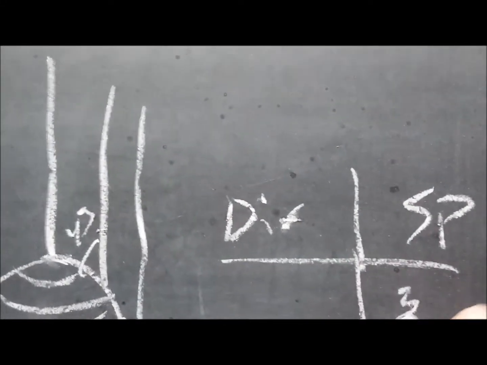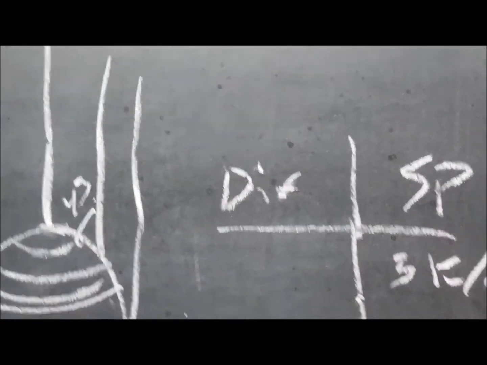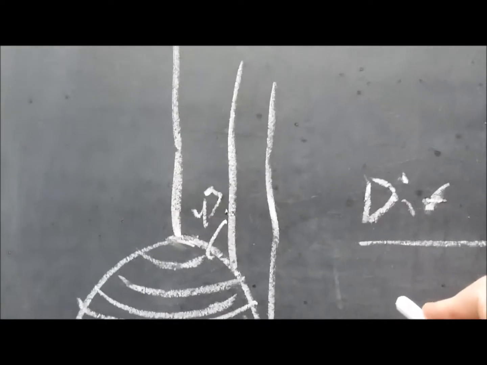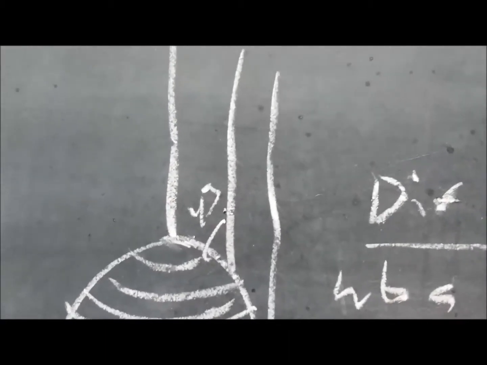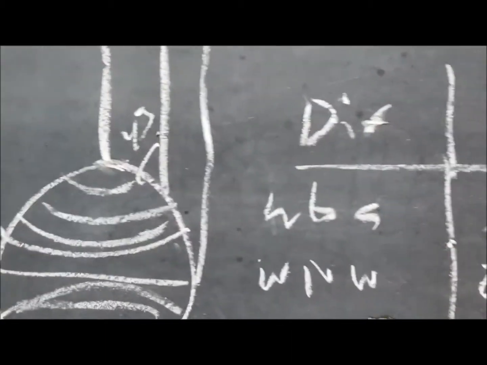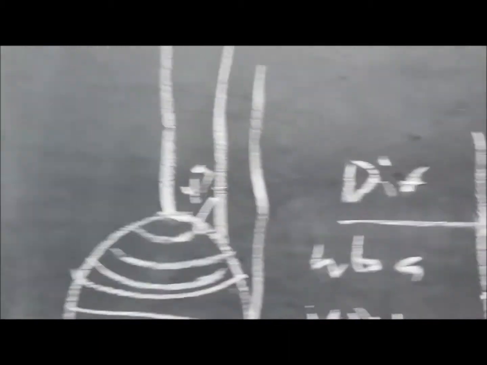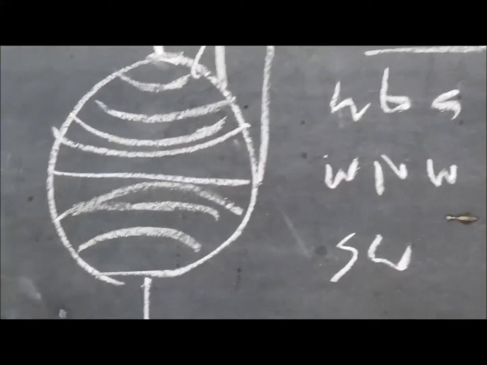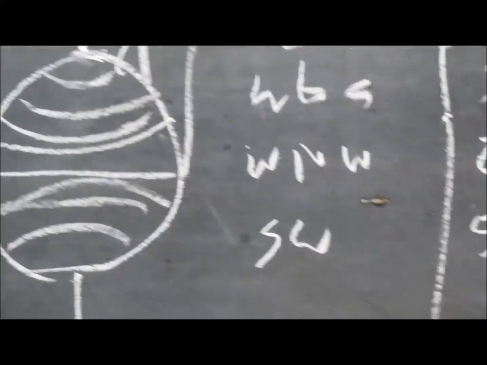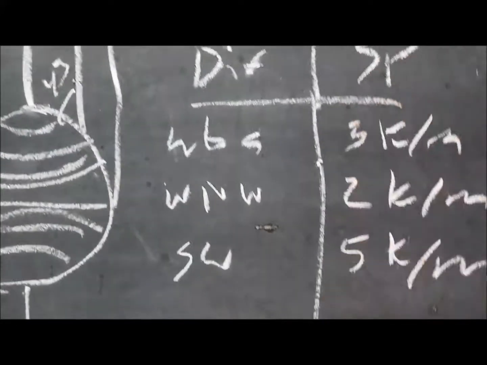So now maybe we have 3 knots per minute for speed, and you're going west by south. Okay? And then your next one is west-northwest at 2 knots per minute. And then maybe your next one is southwest. Maybe you picked up speed, so you're going 5 knots per minute. So you basically make a big chart this way.